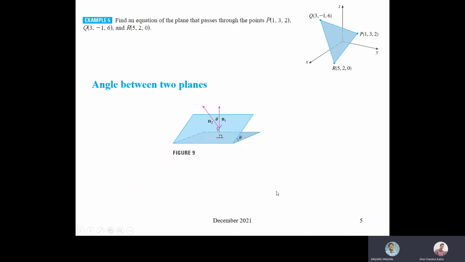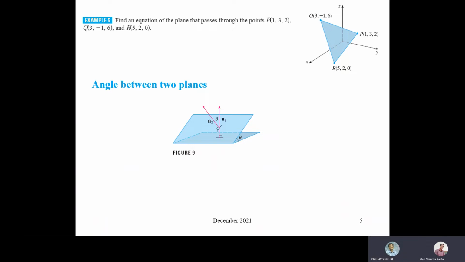See here, these are the two planes. If you draw normals to the planes, you draw the normal n1 to this plane and n2 to the other one. Then you can see that the angle between these two planes is nothing but simply the angle between the normals.